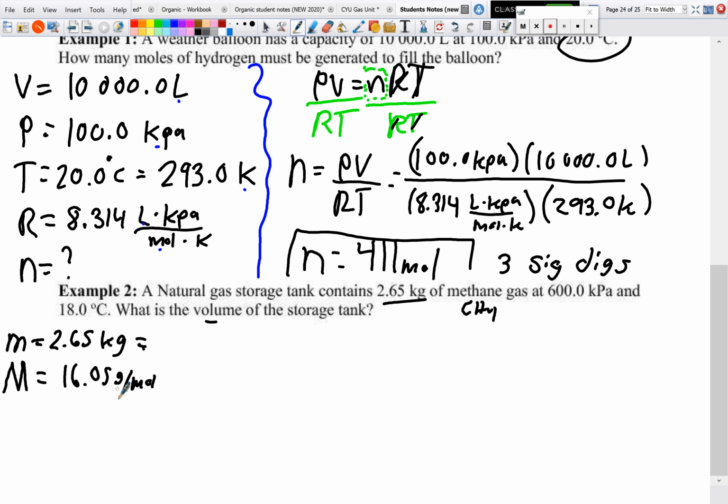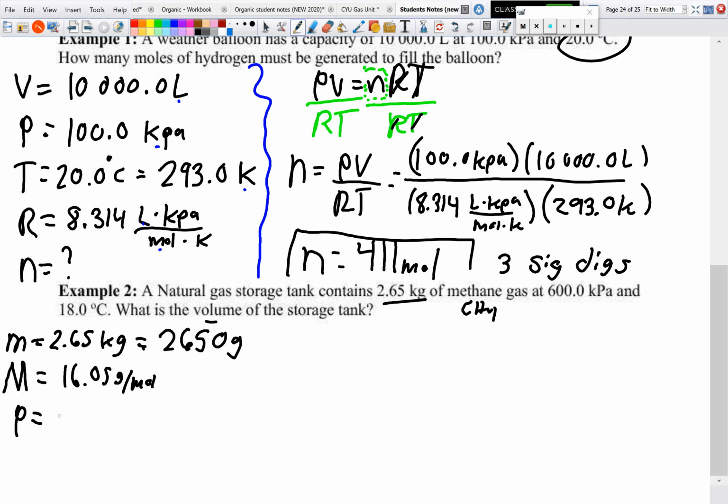Because we see the units of grams inside of our molar mass, we should convert kilograms to grams, which we multiply by 1,000. And we get 2,650 grams. So that's those.